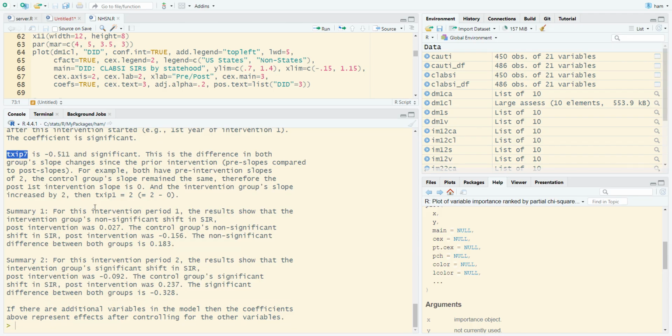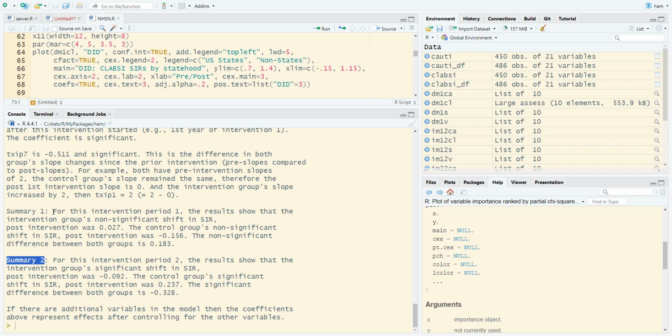And I do have these summary values, and these sum up what that trend is for each of those different time periods. We don't have the trend for the baseline, but we have a trend for our 2 interruptions at 2020, which would be summary 1, and then our trend for summary 2.